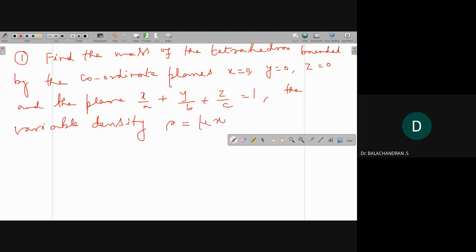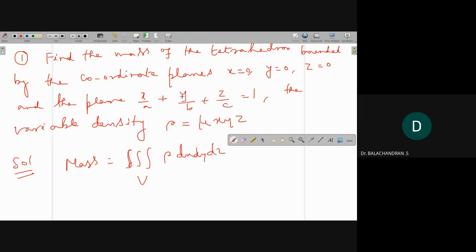mu xyz. The solution. So I think they are asking what? Mass of the tetrahedron. So mass is equal to triple integral over V of rho into dx dy dz. But here it is given in the form of x by a plus y by b plus z by c.